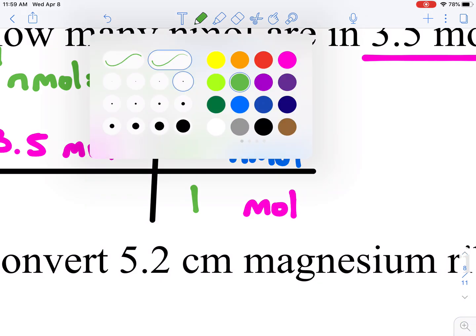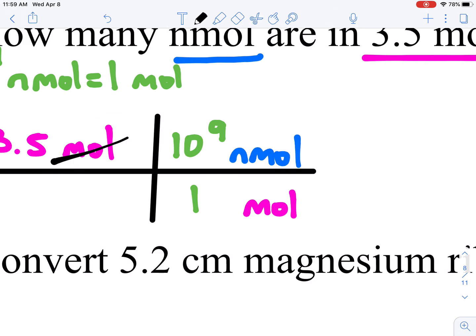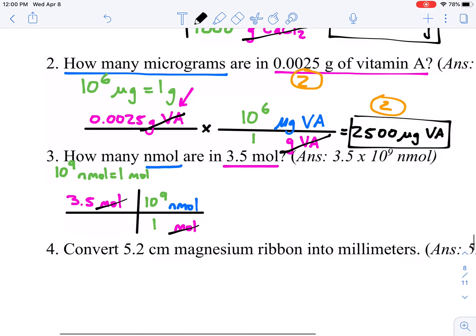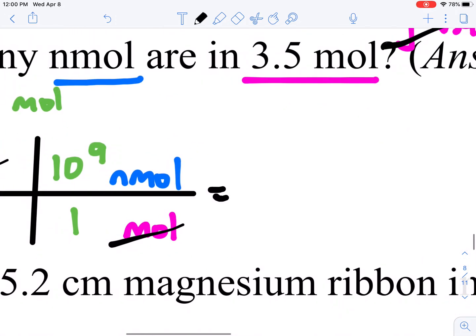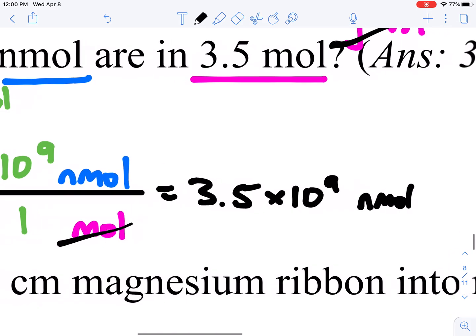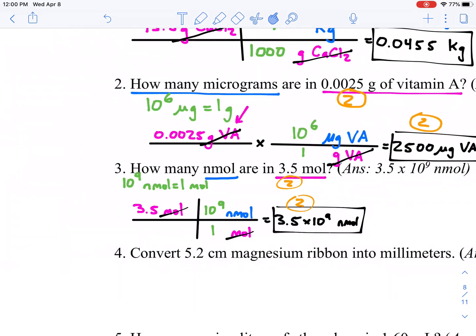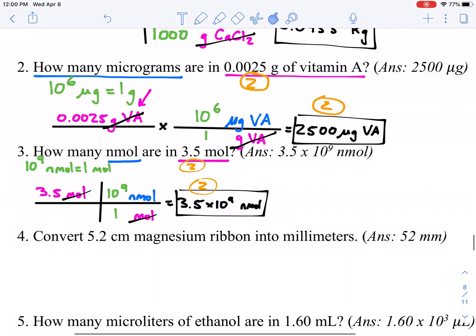As long as your units cancel correctly and all of your equalities and ratios are true, you will arrive at the correct answer. So in this case, it's 3.5 times 10 to the 9th nanomoles. We should check our significant figures in orange. We started with 2 sig figs, 3.5, and we ended with 2 sig figs because we don't count times 10 to the 9th for scientific notation.